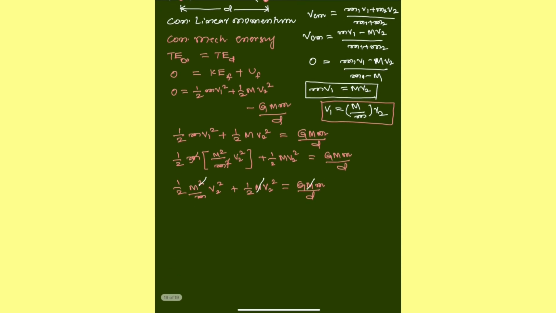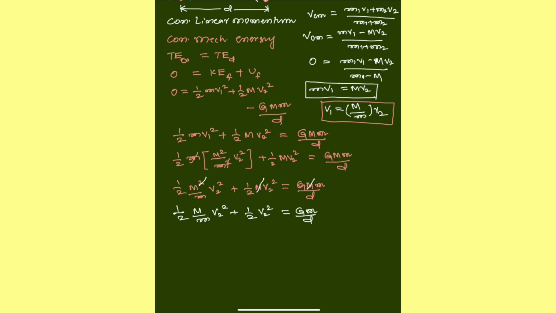One M cancels, so half M by m times v2 square plus half v2 square is equal to G m by d.